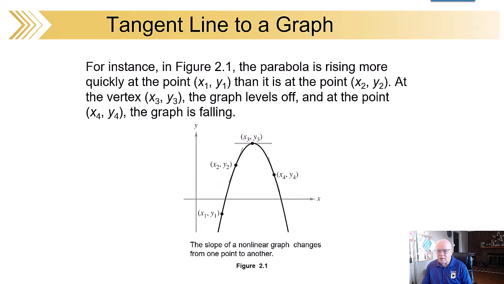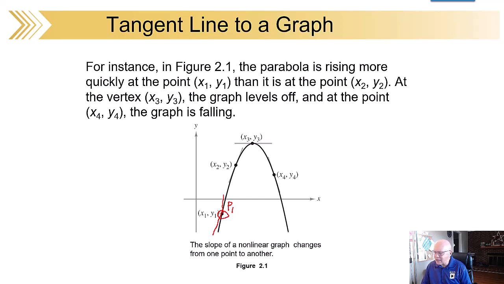Here's an example right here. On the left-hand side, take this point right here, point number 1. Notice that the tangent here is going upward. Now you can't see it too well because it's so close to the curve, but the tangent would look something like this.